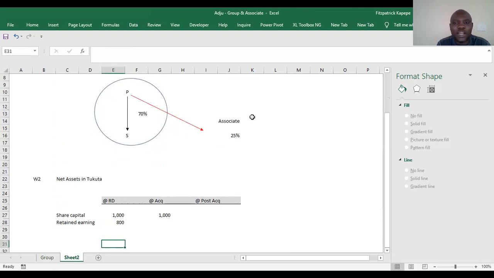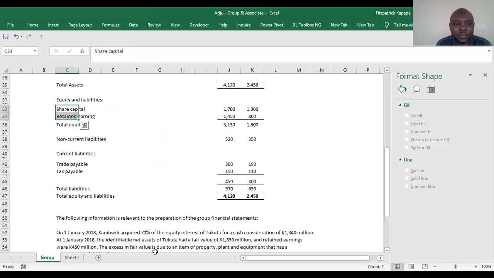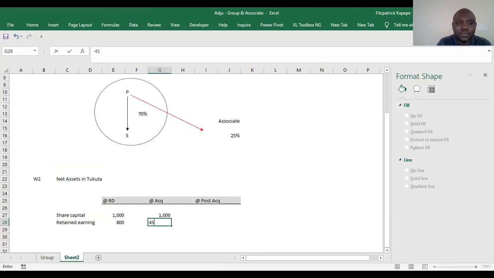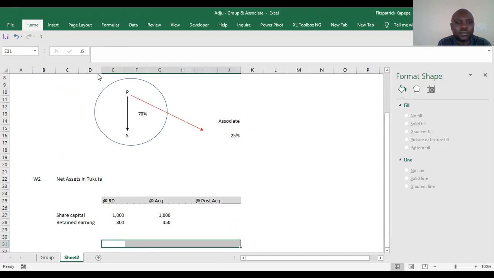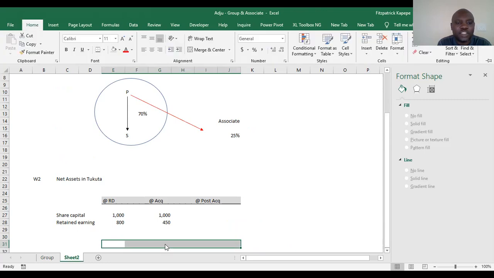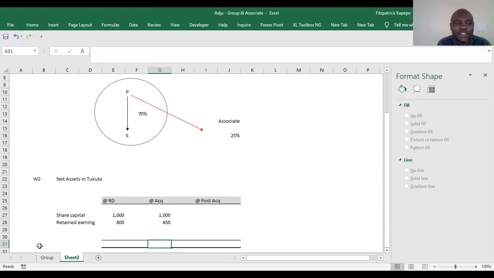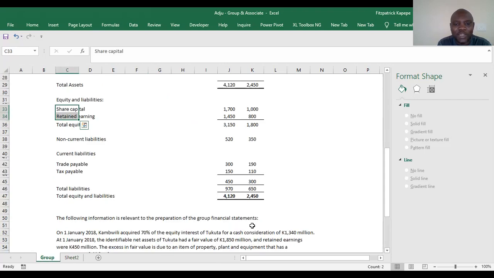Then we are told that retained earnings at acquisition was how much? At acquisition, it was 450, 150. Then we are told the totals at acquisition for the identifiable net assets.